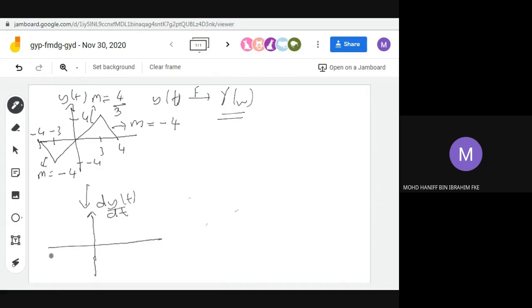From the obtained slopes, we can write the differentiation of y(t).